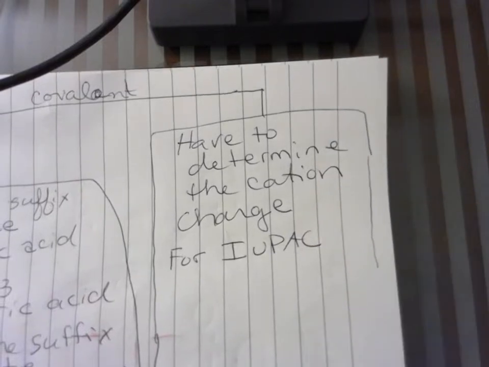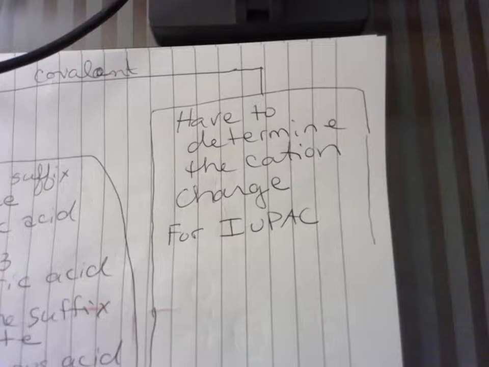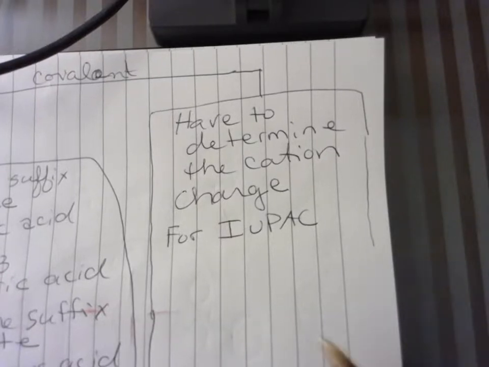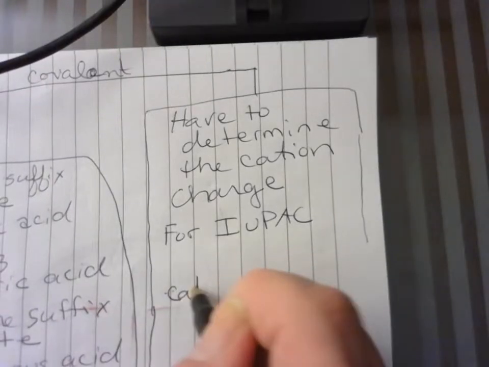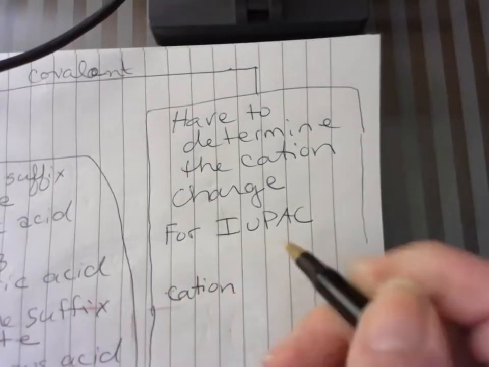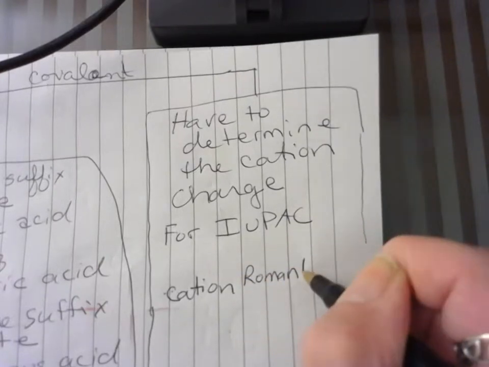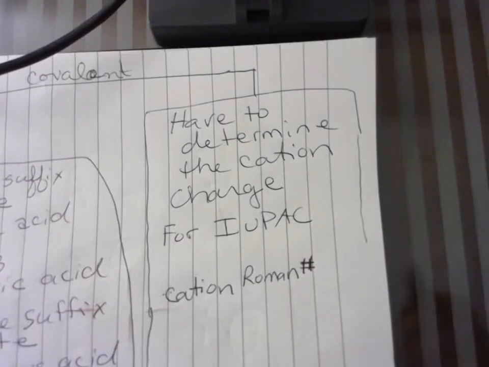For the IUPAC way, we do it the same way we did when we were naming multivalent metals. That is your cation, the Roman numeral, and I'm just using the Roman number for Roman numeral.